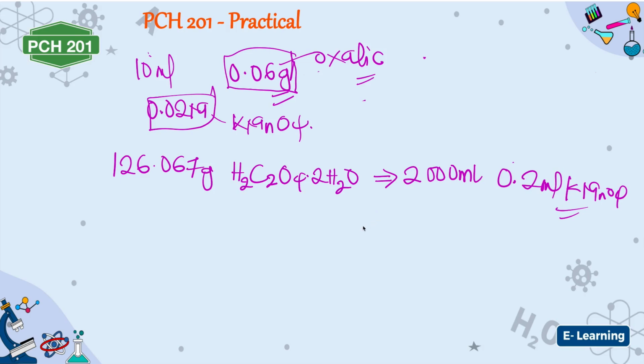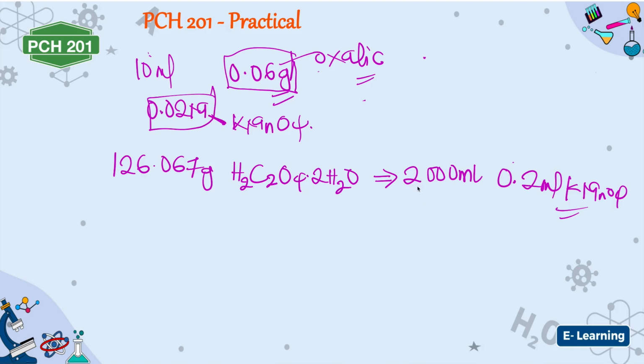If they don't give you the factor, they will give you something like this. What your eye should be going after is the amount of KMnO4 given and the weight of oxalic acid. So you need to calculate your milliequivalent in this case.